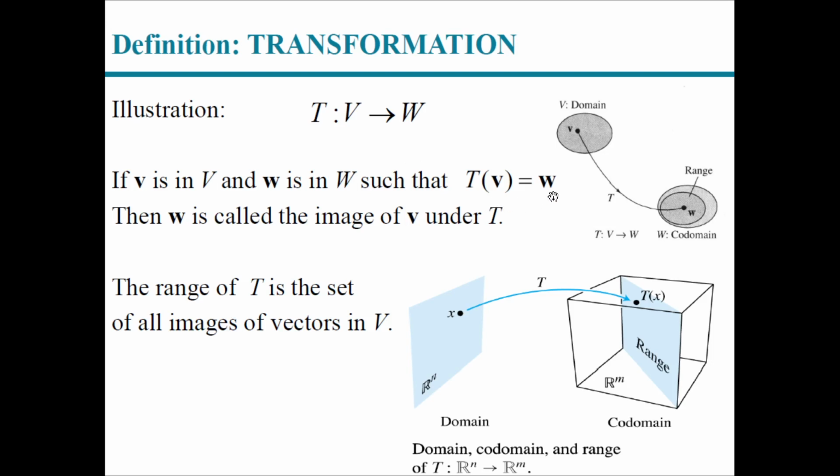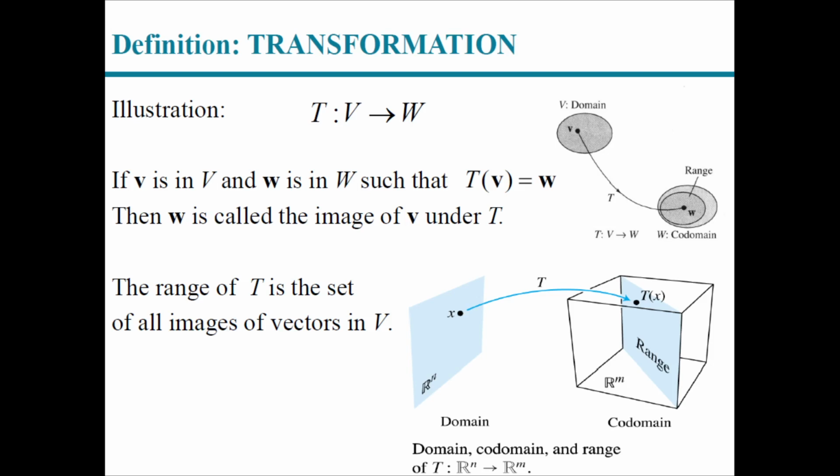So TV is an image. We have a domain, T is taking objects from the domain to the codomain, but more particularly it is taking them to the range. Range is a subset of the codomain. Sometimes for some applications it's going to be the entire codomain, it depends, we will see.